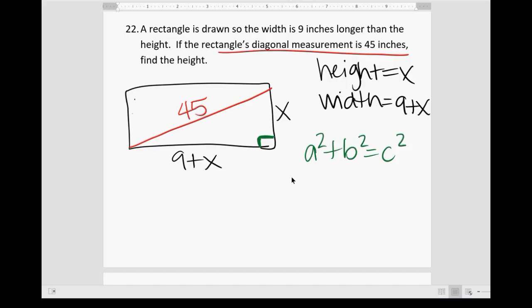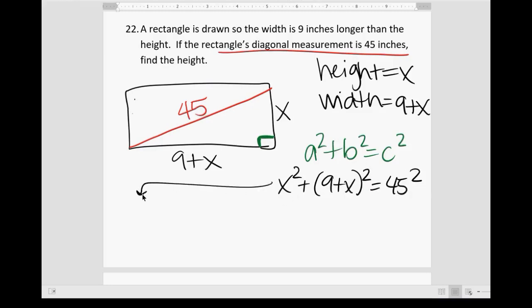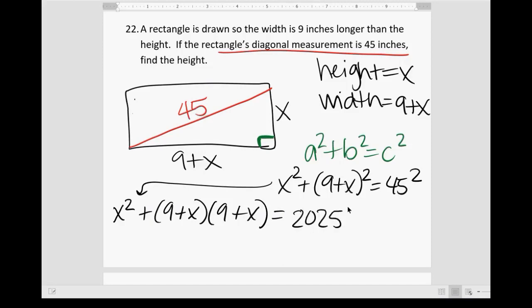So you could say x squared plus 9 plus x squared equals 45 squared. You would need to multiply this out. What's 45 squared? 2025.